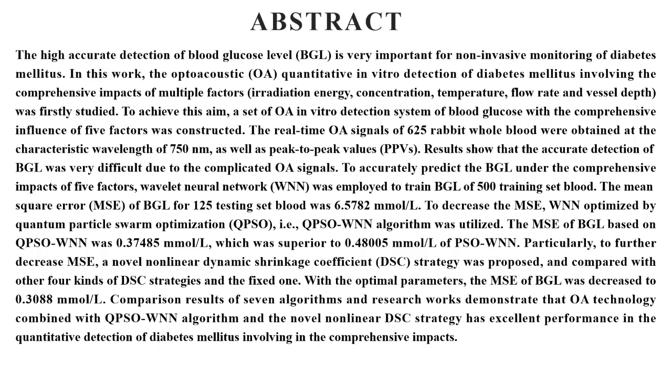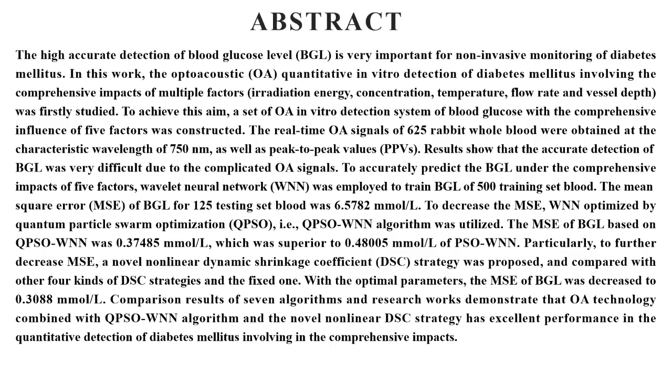To decrease the MSE, the WNN was optimized by quantum particle swarm optimization, that is QPSO-WNN. The MSE of the BGL based on the QPSO-WNN was 0.37485 micromole per liter, which was superior to the 0.48005 micromole per liter of PSO-WNN.